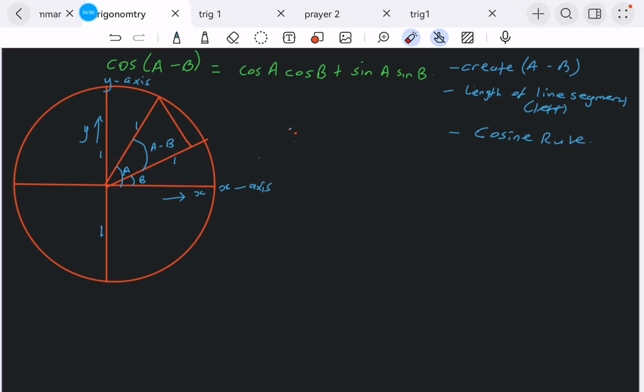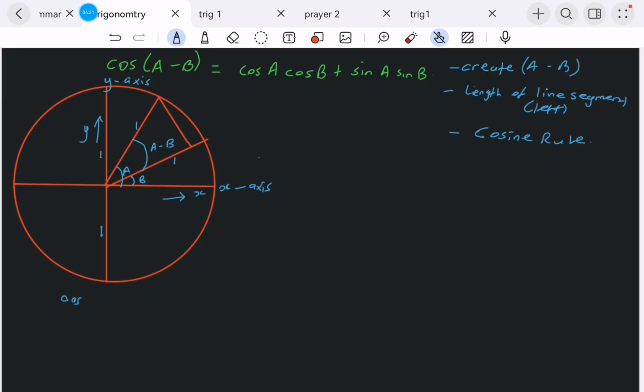That means the diameter is 2, okay? So basically, once again, this is big angle A, this is small angle B, and the middle is going to be A minus the small angle B in order to get the middle angle. So that is A minus B.